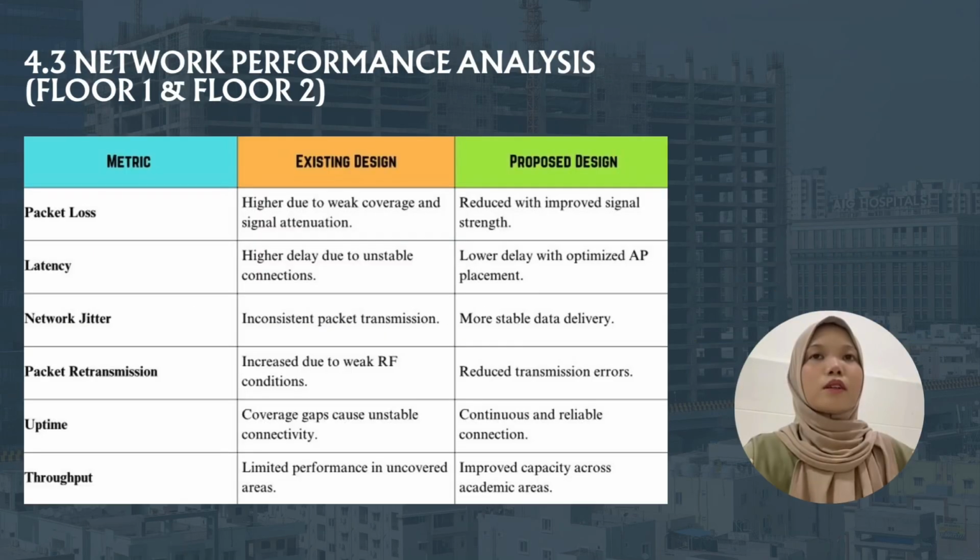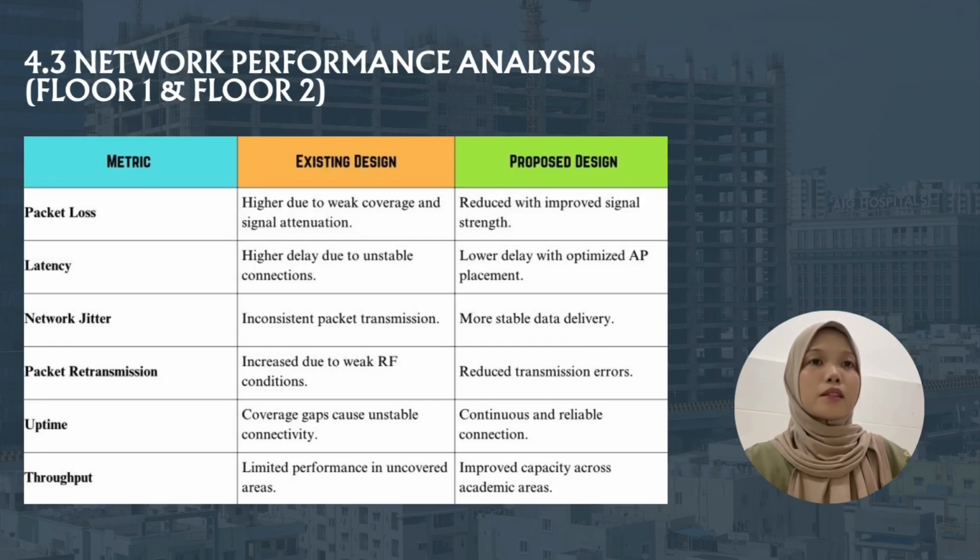Okay, this is network performance analysis for floor 1 and floor 2. For packet loss, the existing design is higher due to weak coverage and signal attenuation, and for proposed, we reduce it with improved signal strength. Second, latency, higher delay due to unstable connection, and we propose optimized AP placement. Third is network jitter, inconsistent packet transmission, and we propose more stable data delivery.